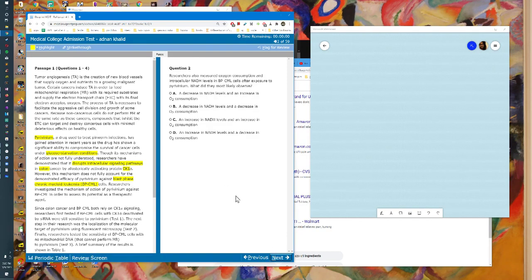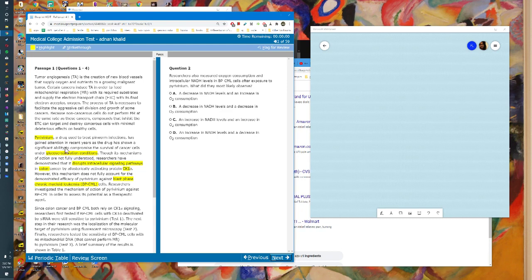This one here, oxygen consumption and intracellular NADH levels in BPCML cells after exposure to perivinium. So this is basically a drug that, forget that stuff, but basically it messes up cancer cells when there isn't enough glucose.